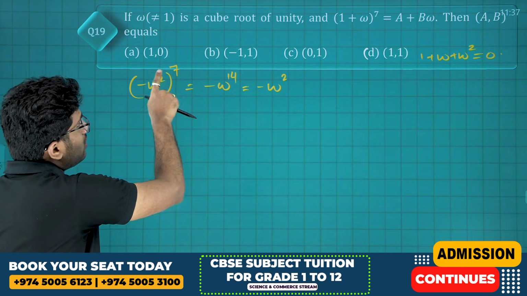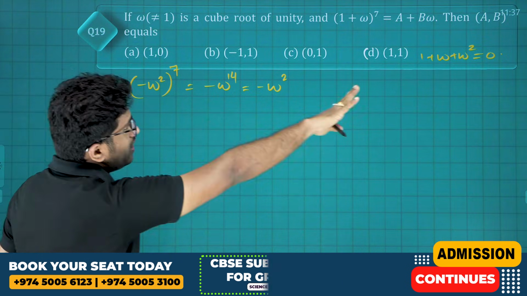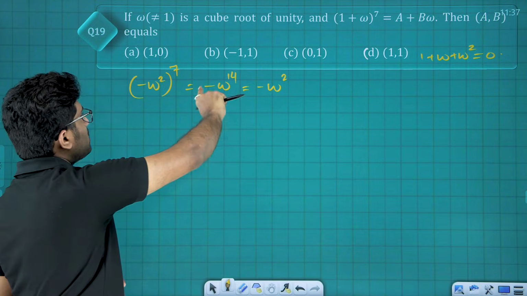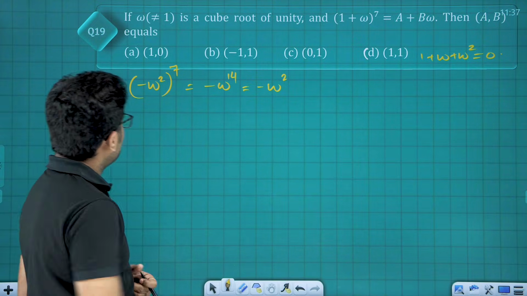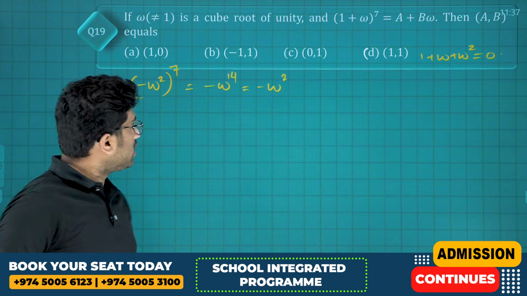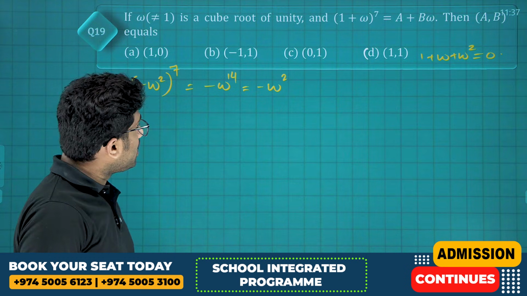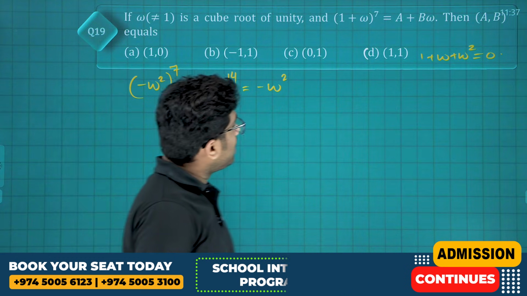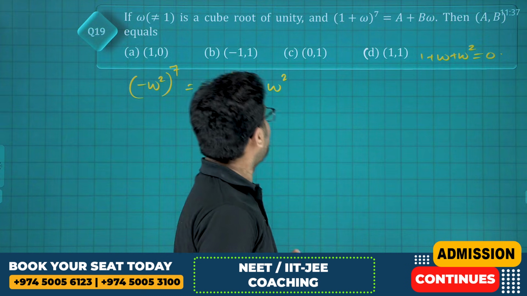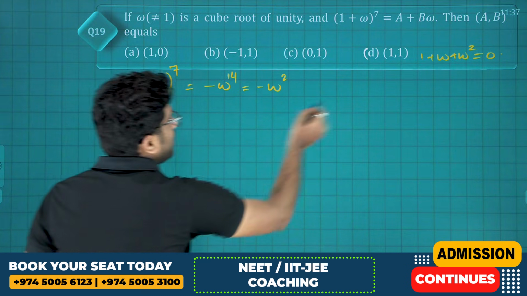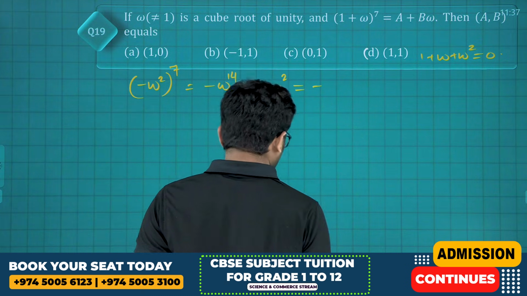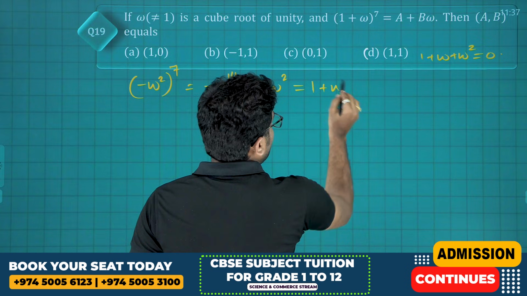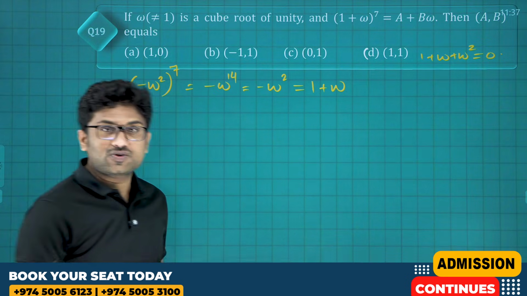1 plus omega is minus omega square, whole power 7. Minus 1 power 7 is minus, 7 2s are 14. Then we have got minus omega square. Now they are asking this in terms of a plus b omega. Minus omega square we can write as 1 plus omega, because we know 1 plus omega square is 0.